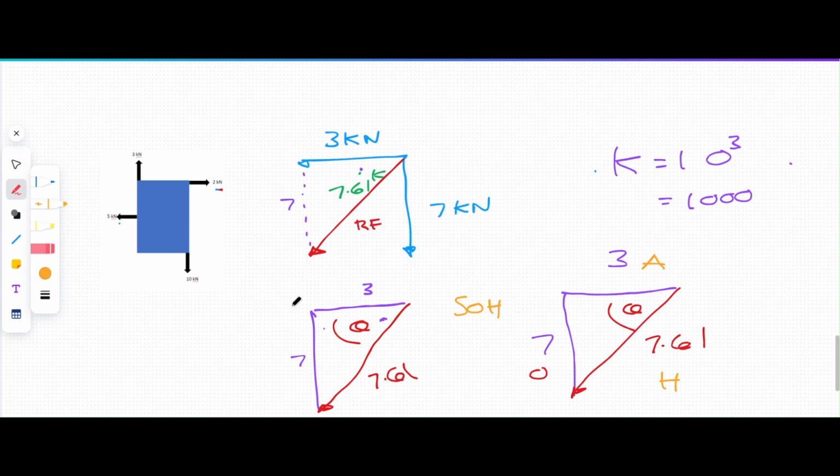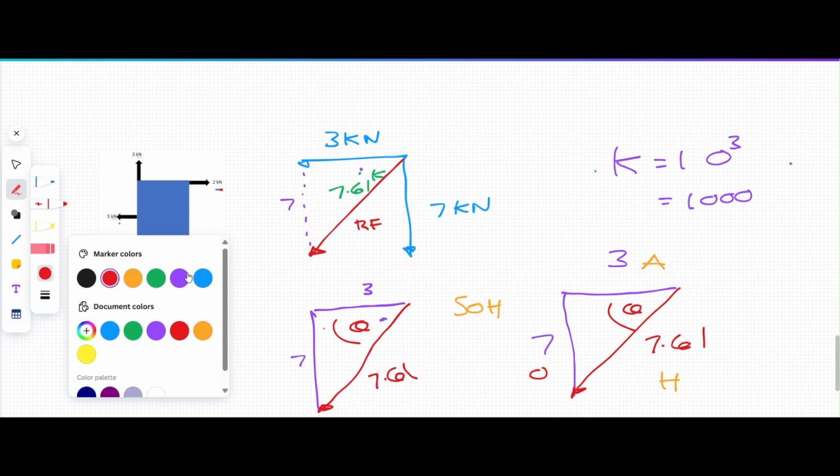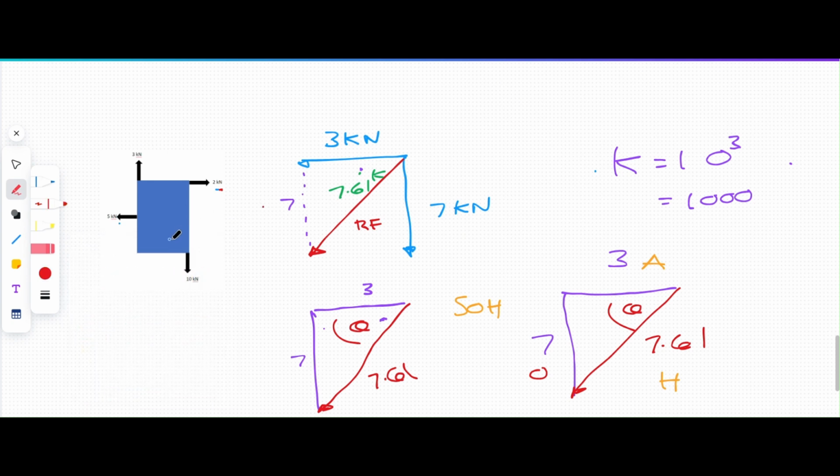So all that means is line of action. Something like this. Look, I haven't got the paper size, but there we are. That's the line of action. It wants to come down like that.